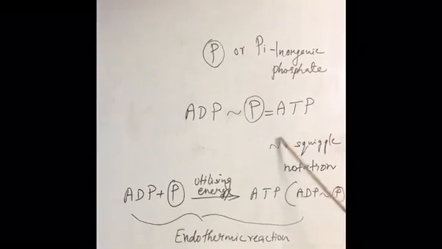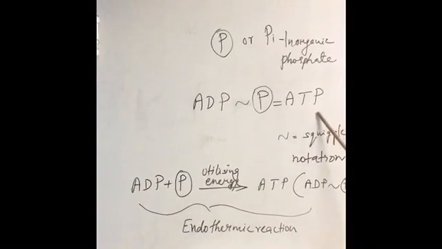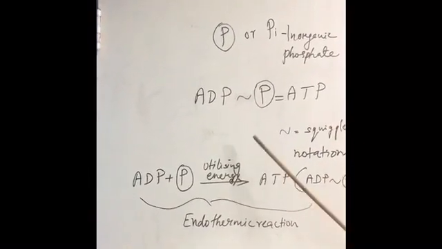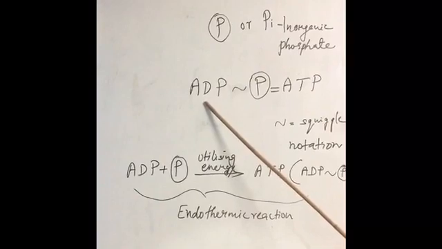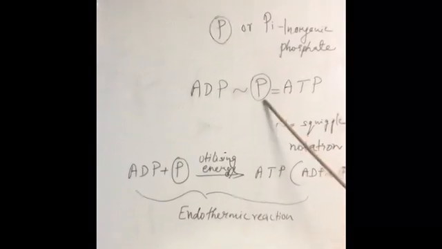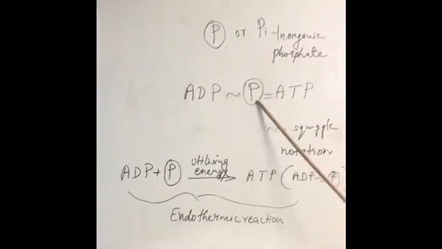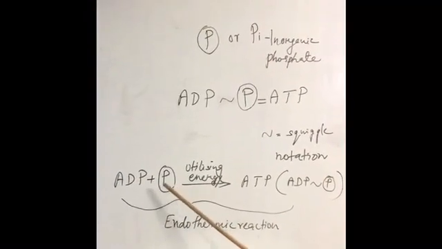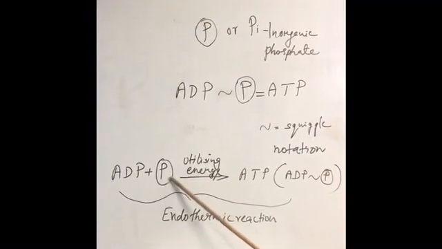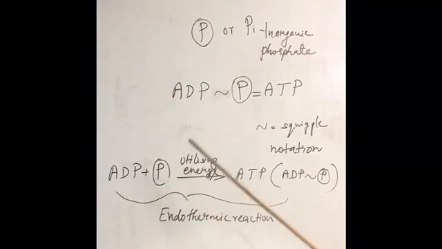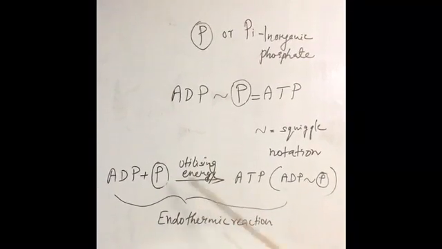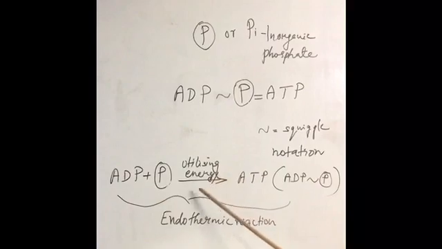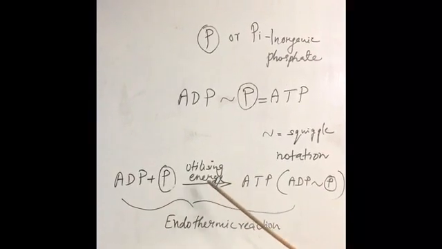Now we are going to learn how ATP molecules are made from ADP. The ADP combines with one inorganic molecule of phosphate, utilizing the energy from cellular respiration. We have already learned that in the Krebs cycle, energy is released.